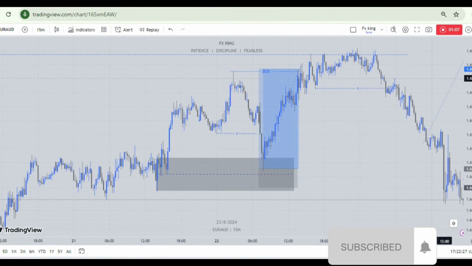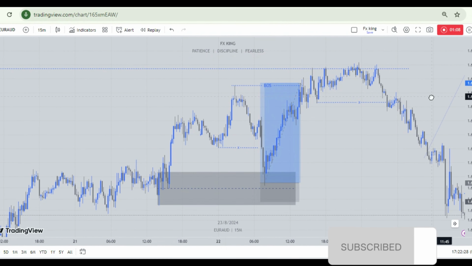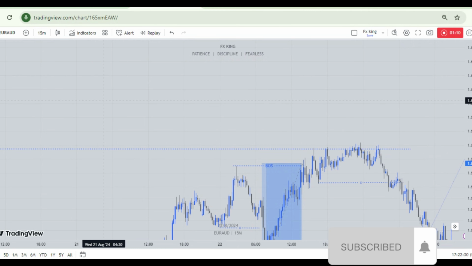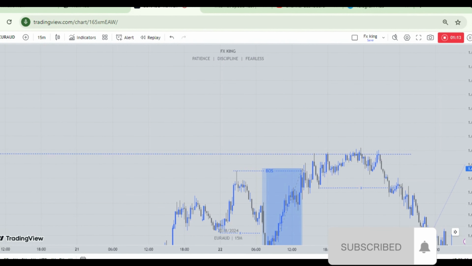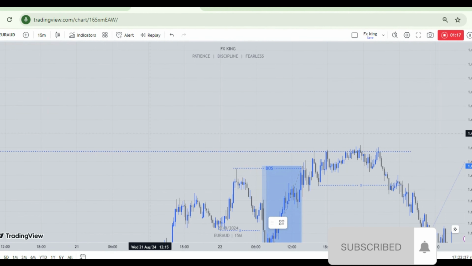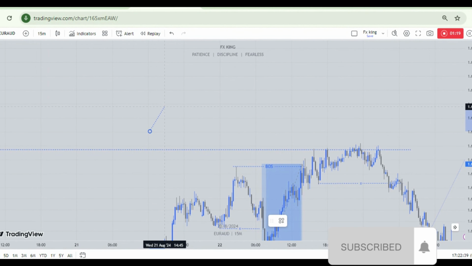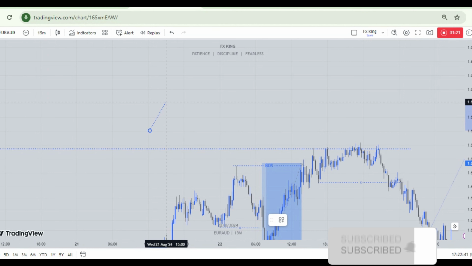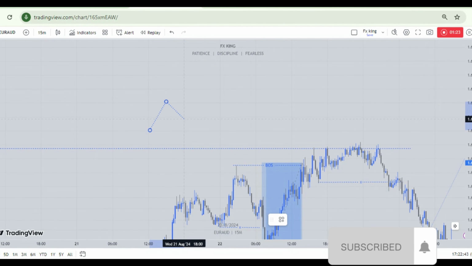So let's start with an illustration. Okay, let's say we have a market that is going up, right? We have a bullish market. So looking at order flow, we have this.